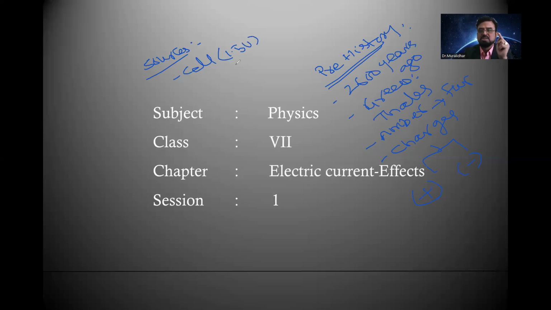You know the cell, you use it in remote controls. Then we have a little better one, the battery, which is around 3 volts or 6 volts; 9 volt batteries are in the market, right?